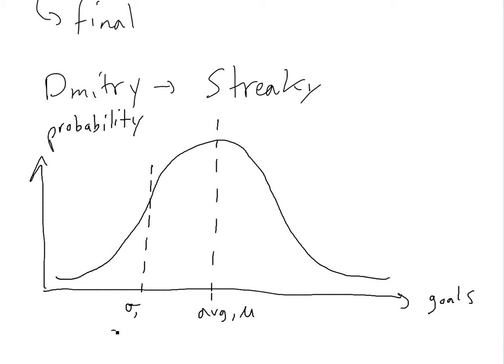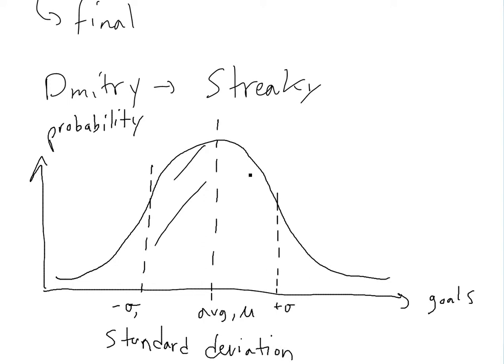Standard deviation is just a number such that if you go plus and minus one standard deviation from the average, the probability of having goals fall between those is 68.2%, or basically the average of how many times it would actually happen.